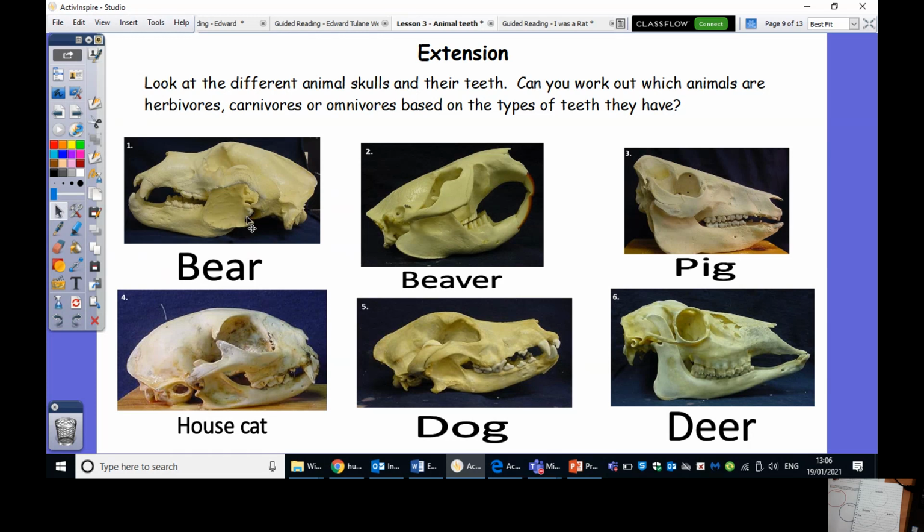Now I'm going to go with omnivore because it's got only a couple of canine teeth right at the front, but it's got mostly molars. It's got quite a lot of set of molars. So I'm going to say that it's an omnivore, and I'm going to put it there in my omnivore section. However, it may change. So have a look at these 6 skulls. Can you sort them into those 3 categories? Okay, pause the video now. Best of luck, guys. Off you go.